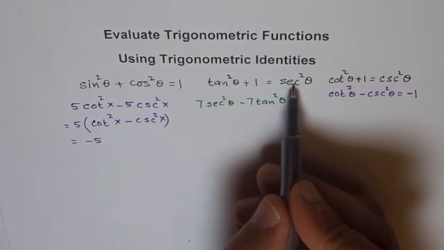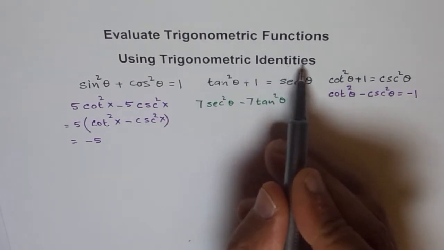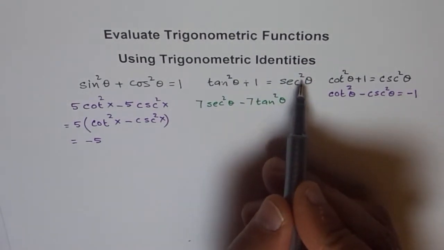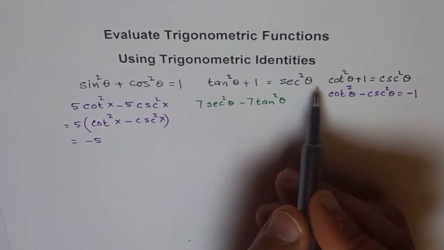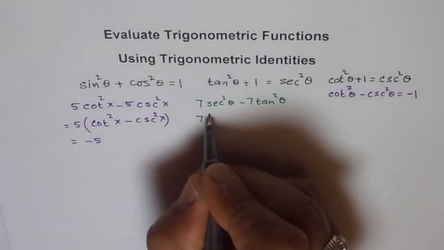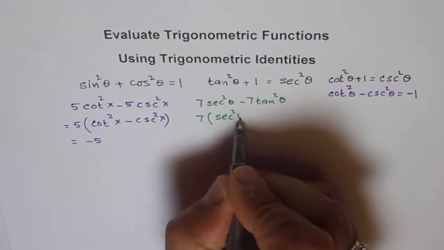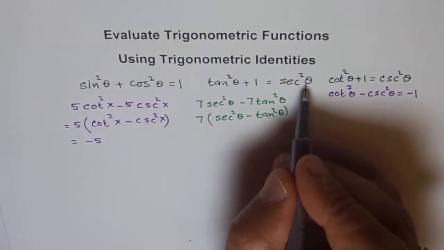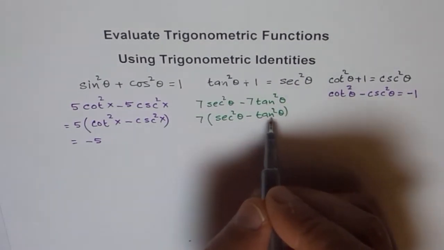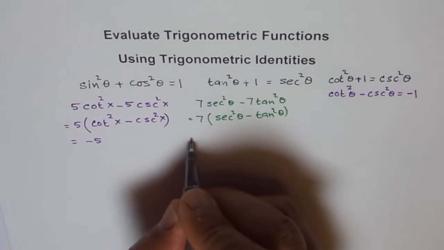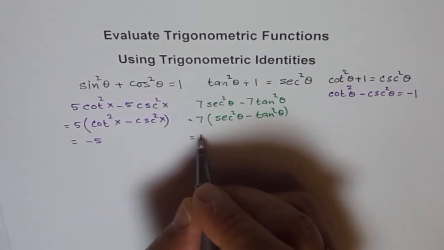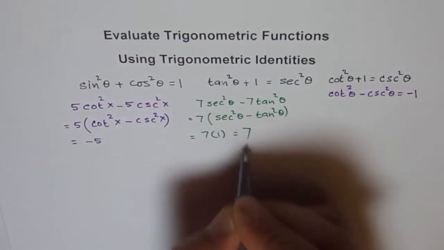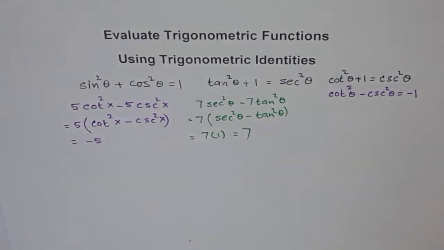First we factor out 7, and we get secant square theta minus tan square theta, and that's the identity which can be rearranged. We know secant square theta minus tan square theta is 1, so this is equal to 7 times 1, which is 7. Is that okay? So like this you can rearrange and write your identities and evaluate the expression.